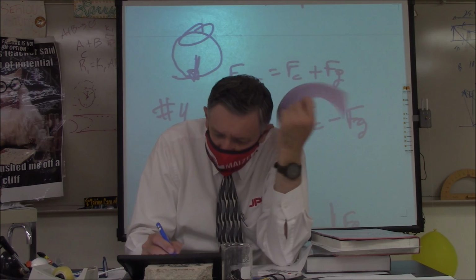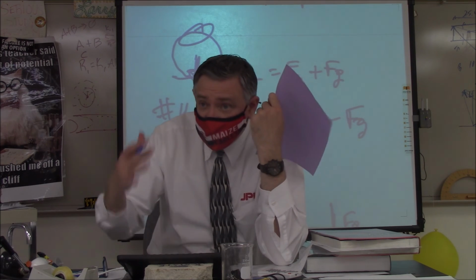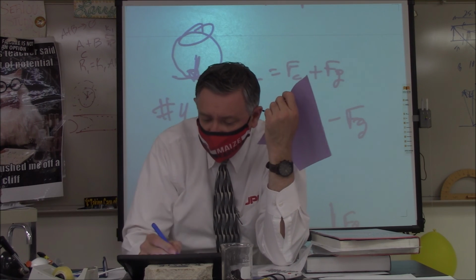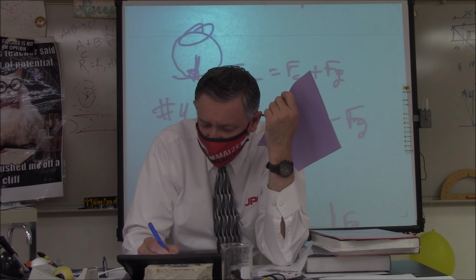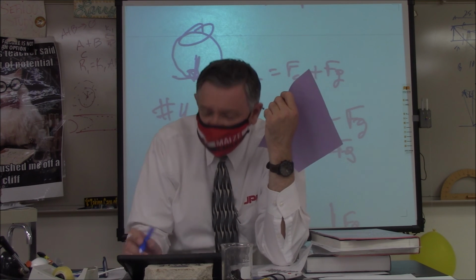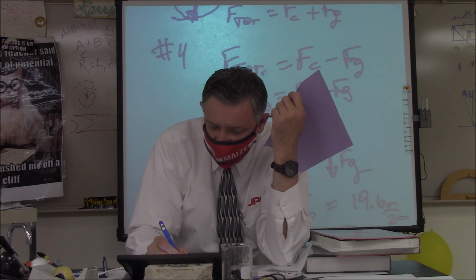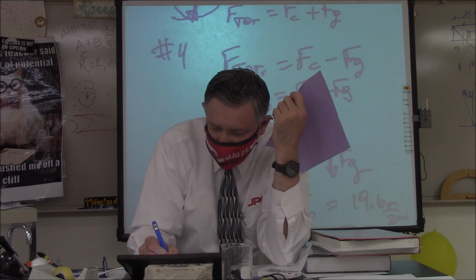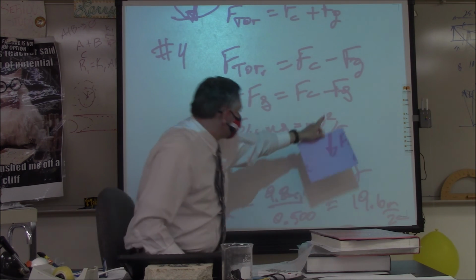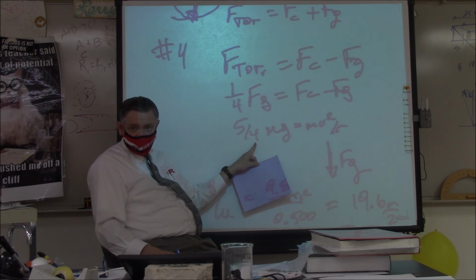So on number 4, if you want to feel 1/4 of your weight, you're going to have 1/4 Fg equals Fc minus Fg. Now, if you do a little bit of mental math, this becomes 5/4 mg equals mv squared over r. All I did was add an Fg over here, and that's where the 5/4 came from.